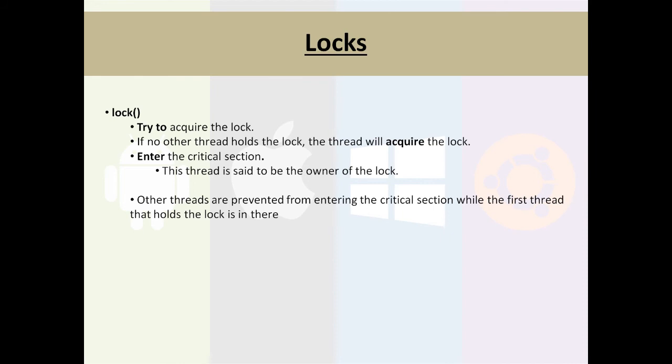If no other thread holds the lock, the thread will acquire the lock, and it will therefore enter the critical section that we've defined. Now this thread is said to be the owner of the lock at that time. So other threads are prevented from entering the critical section while the first thread that holds the lock is in there.